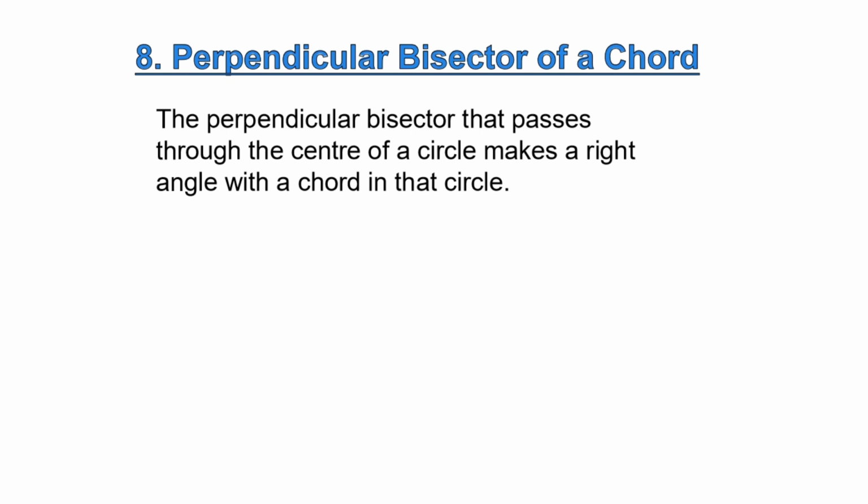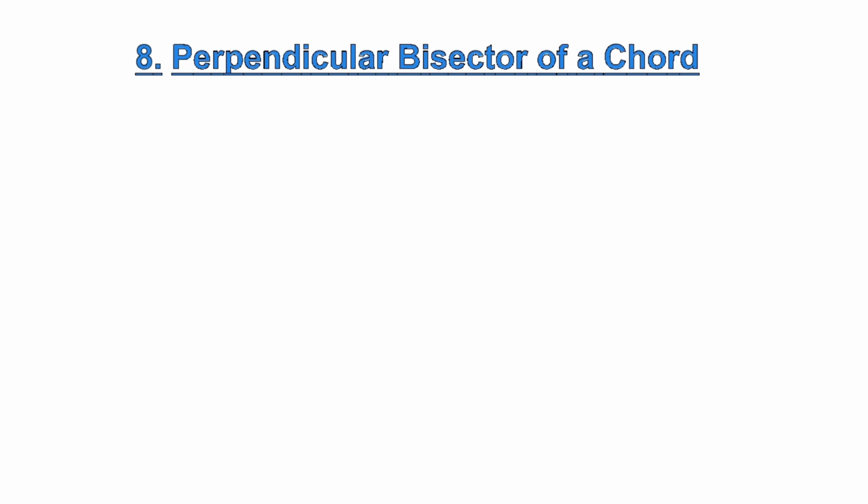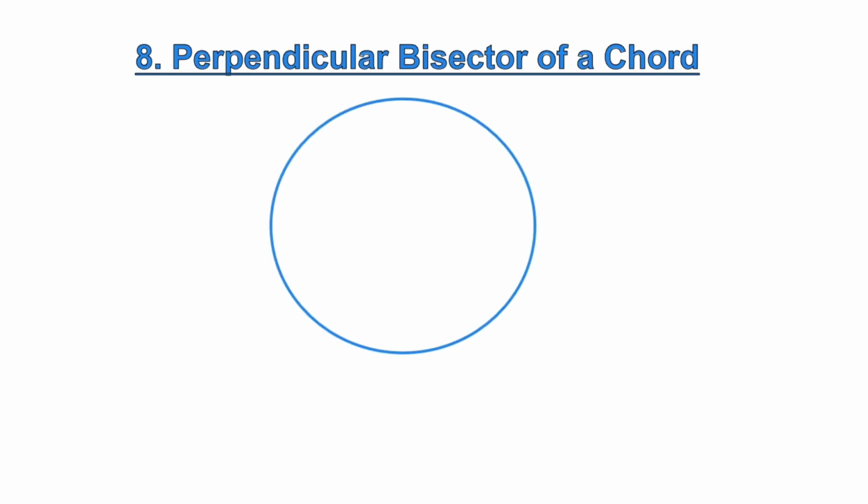Now let's quickly look at how it looks in diagram form. Let's take this as our circle. Let's identify the center O. We are going to draw our chord, so we have this chord AB.